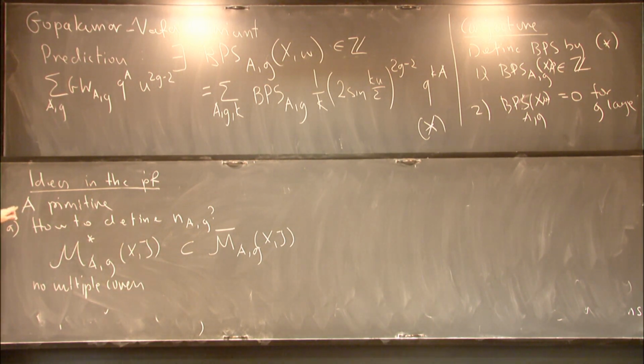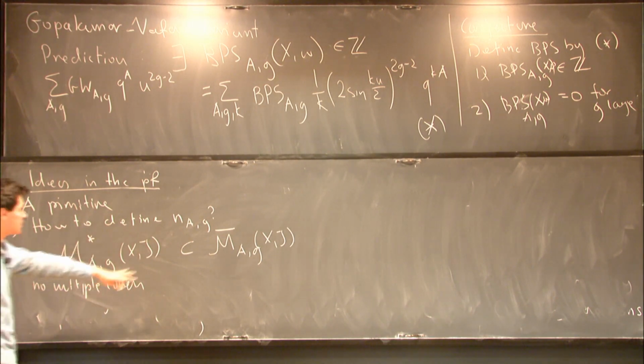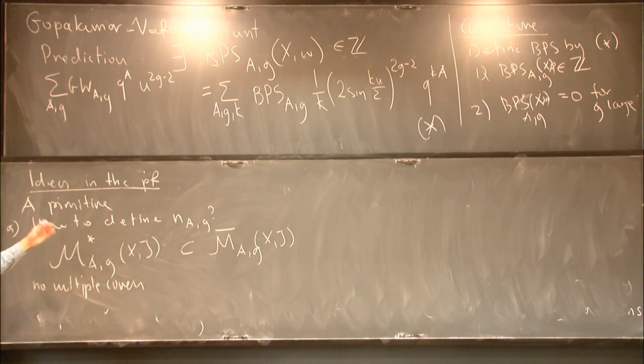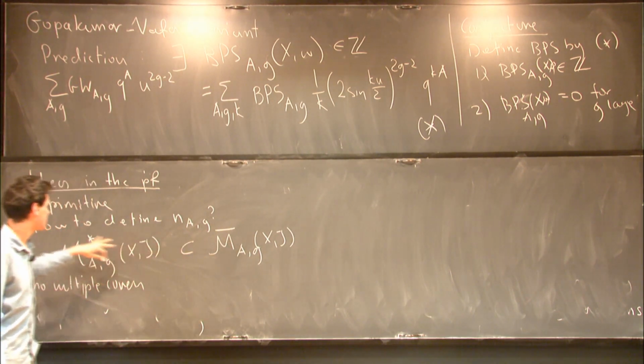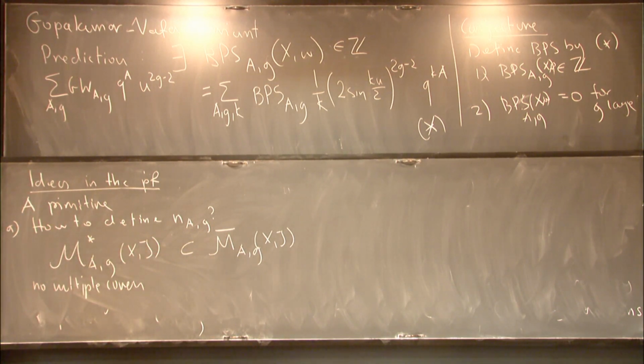And in general, if you want to say something about how this space interacts with multiple covers, you need to study this problem of superrigidity, because superrigidity is exactly what tells you how multiple covers interact with this component. But here, let's not worry about this. What can still happen is that you have bubbling.